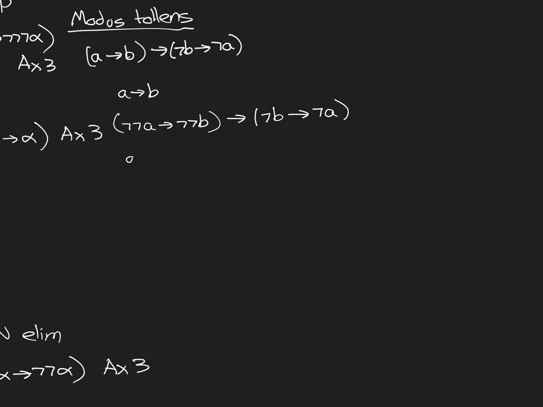Then I'm going to have that, no, not this actually. I'm going to have B implies not not B, which I can have because I've proven double negation introduction in my Hilbert system. So I can have that in my proof because I've now proven that separately. Then by hypothetical syllogism now, I know that A implies not not B.